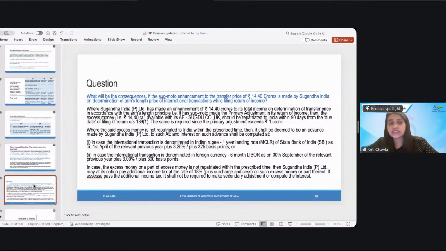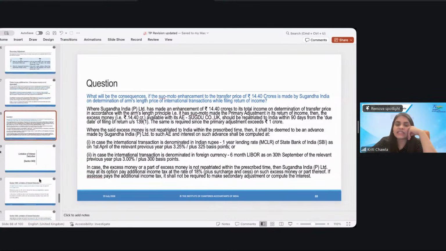When the said money is not repatriated to India within the prescribed time, then it shall be deemed to be an advance made to the AE, and interest on such advance will be computed at, if this is an international transaction in Indian rupees, then 1 year lending rate MCLR of State Bank of India as on 1st April plus 325 basis points. Or if this is an international transaction denominated in foreign currency, then it's going to be 6-month LIBOR plus 300 basis points.